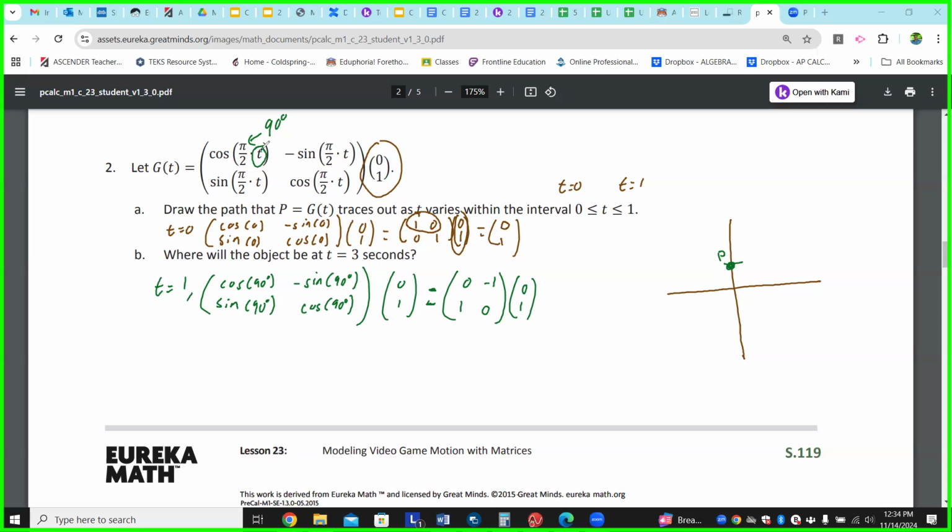Now I'm plugging in t with 1, and that's why I got 90. Correct. And now that I got these, I can go ahead and work these out. 0 times 0 is 0, and then -1 times 1 is -1. 1 times 0, 0 times 1. So there's my new coordinate. I'll call it P prime.